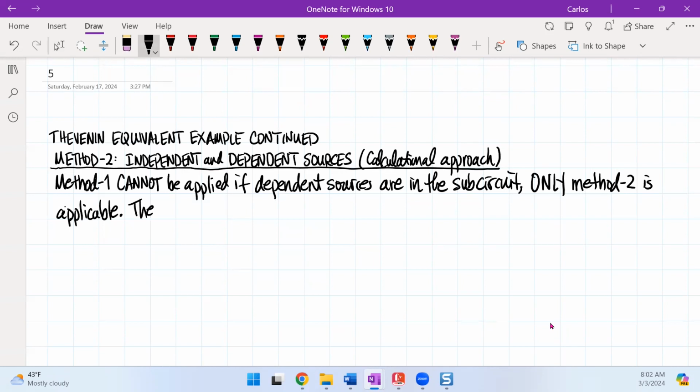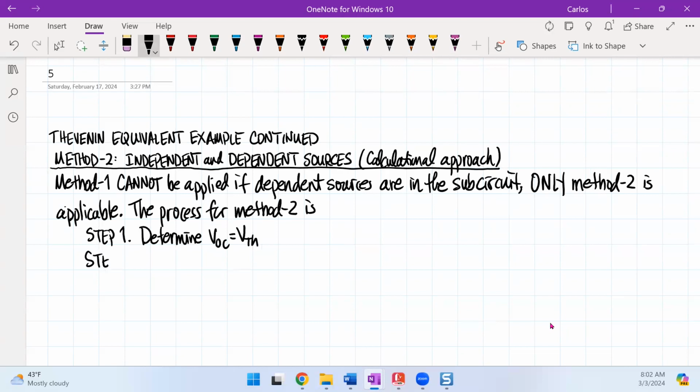The process for method 2 is step 1, determine VOC, which is the same as VTH. And then on step 2, here's where they differ now.